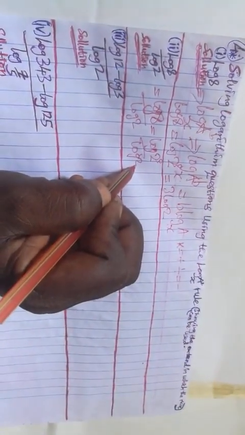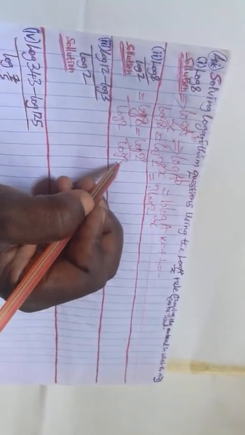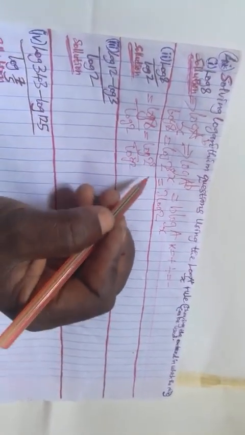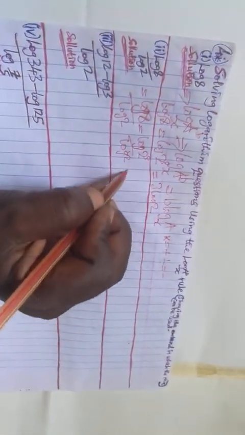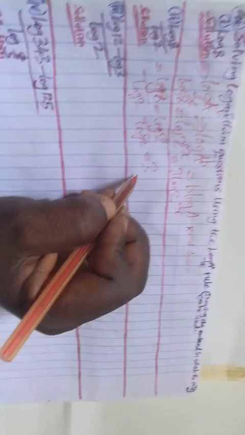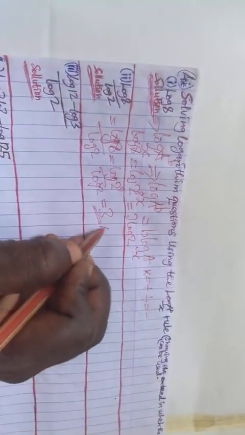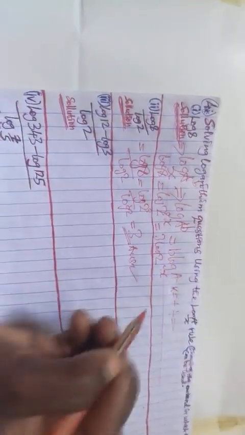Therefore, if log 2 and log 2 cancel, we are going to remain with 3, and 3 is our answer for this case.